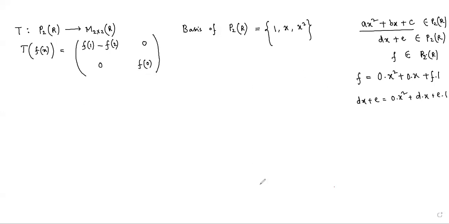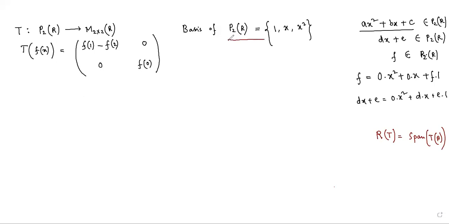If you carefully observe the theorem that we discussed just now, we said that R(T) is actually being spanned by T of beta. And what is beta? Beta is the basis. So for every element of the basis, its image under the linear transformation has to be found.